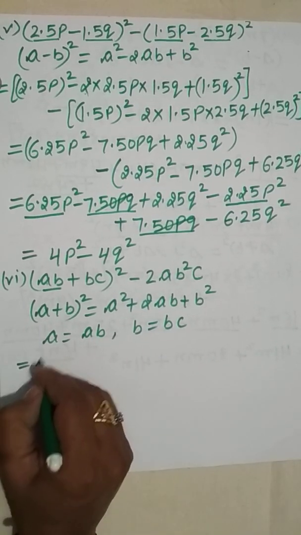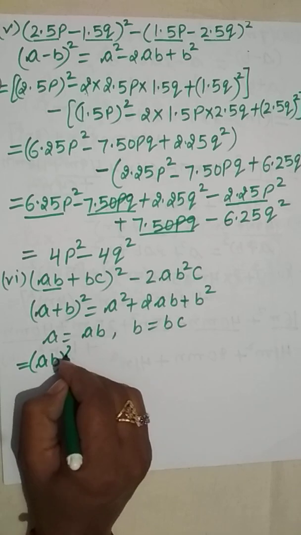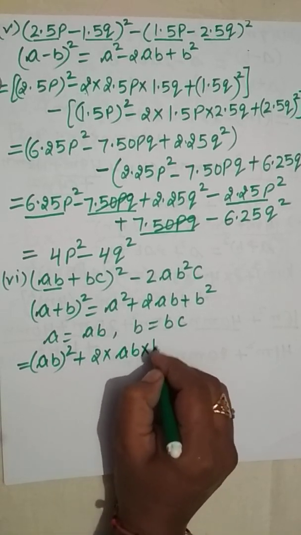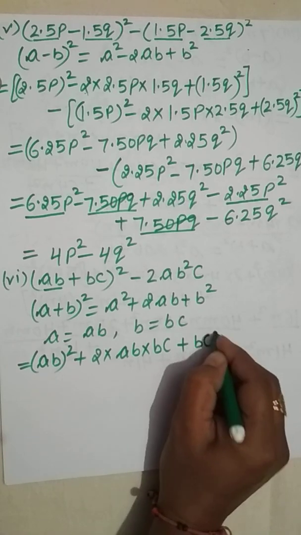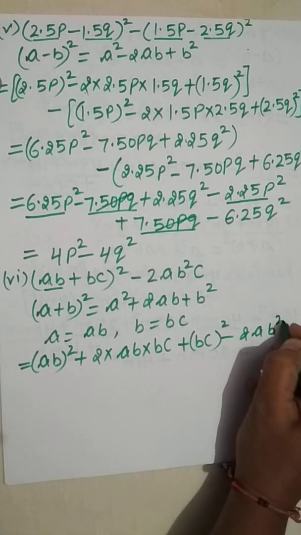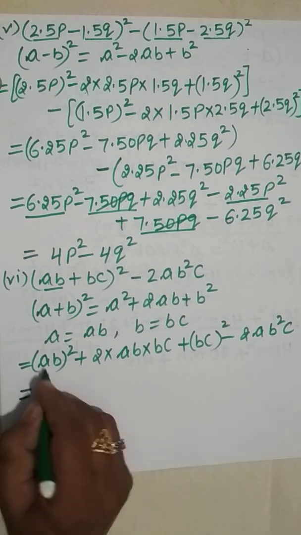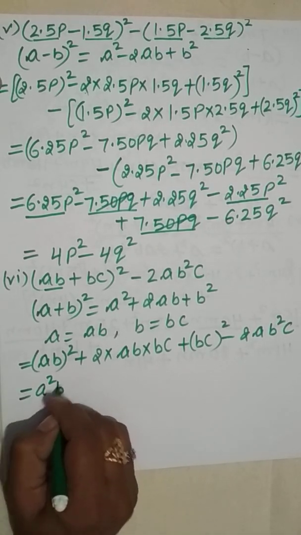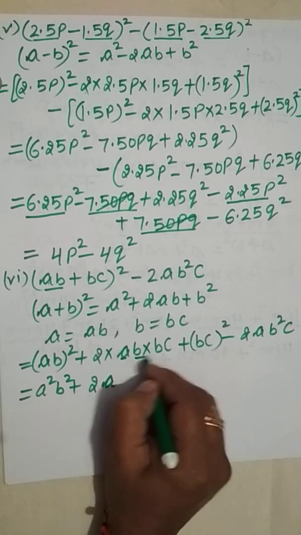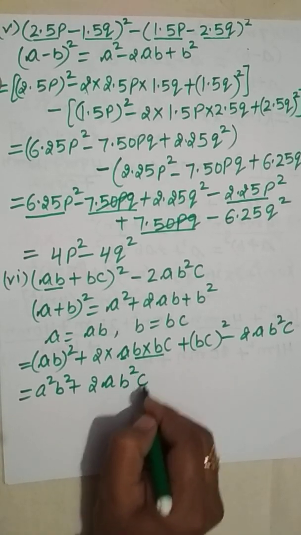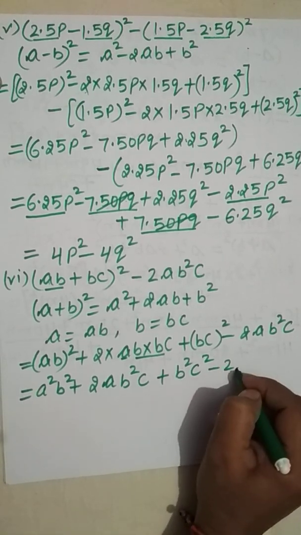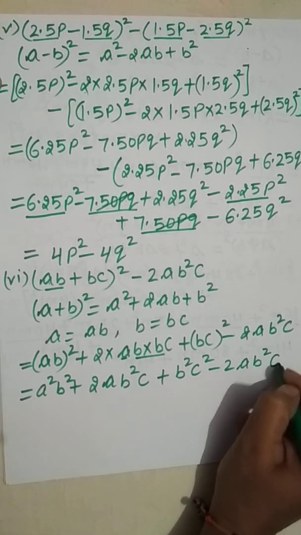This is (ab) whole square plus 2 multiply ab multiply bc plus (bc) whole square minus 2ab square c remains same. This is equal to a square b square plus 2a b square c plus b square c square minus 2ab square c.